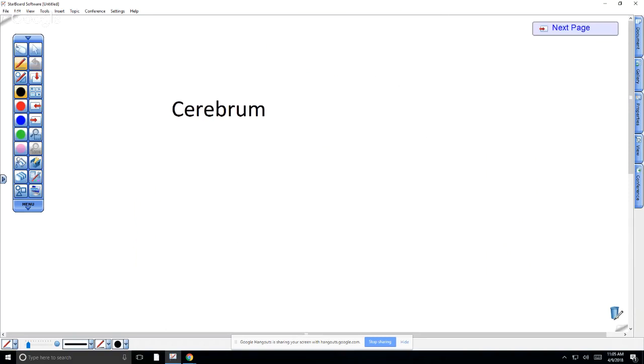Okay. So if we look at the cerebrum, we have 2 hemispheres. And these have what is referred to as lateralization, which means that we have the right and the left.